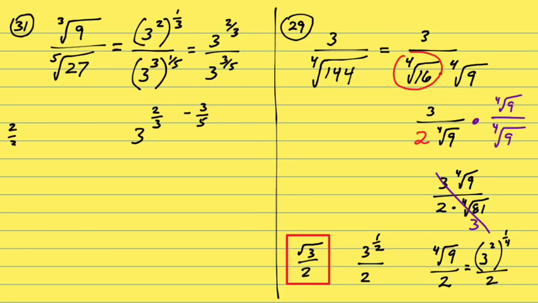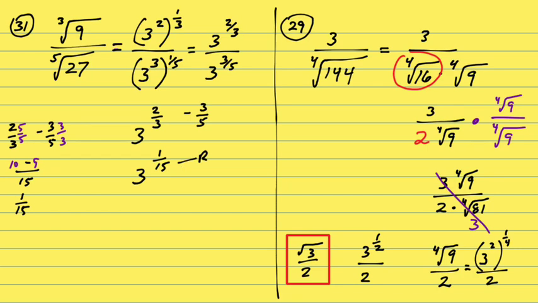What is 2/3 minus 3/5? Well, you need a common denominator of 15. So that would be 10 minus 9. Would that make a 1/15? So I think this is 3 to the 1/15.